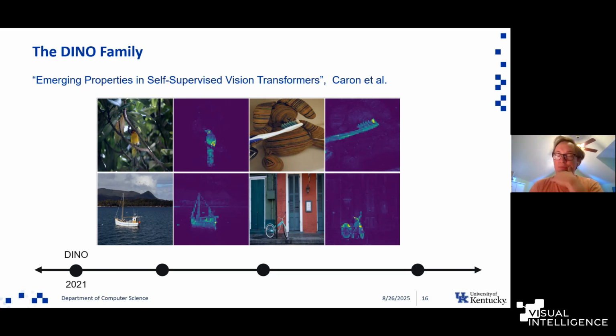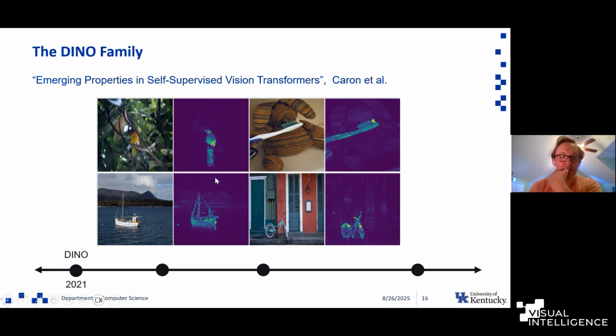You're just looking at what the network is paying attention to. This is what they called emergent semantic segmentation. For instance, you can highlight a toothbrush, and the model has no concept of what a toothbrush is. It doesn't know that it's used for brushing teeth. This is a vision model, but it understands that it's a whole object.